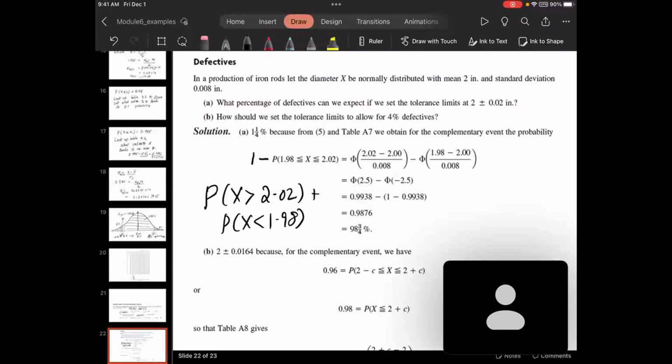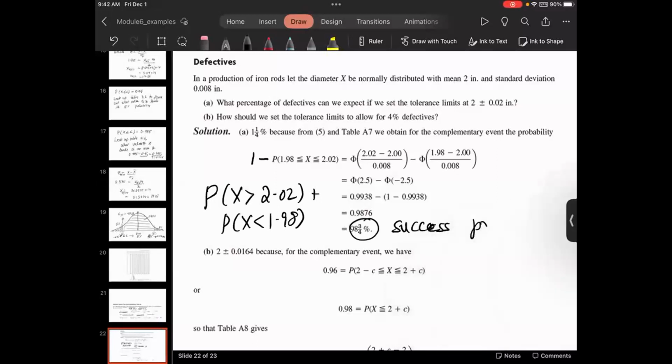So we first get the success probability and then subtract this from 1. The percentage of defectives is 100 minus 98 and three quarters percent, which is 1 and a quarter percent, as given here.